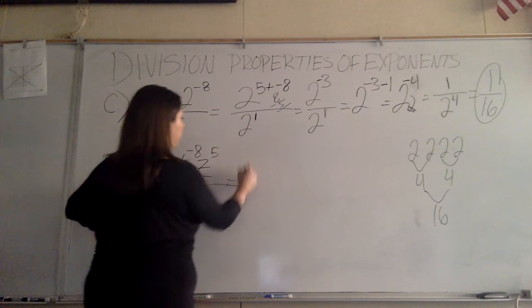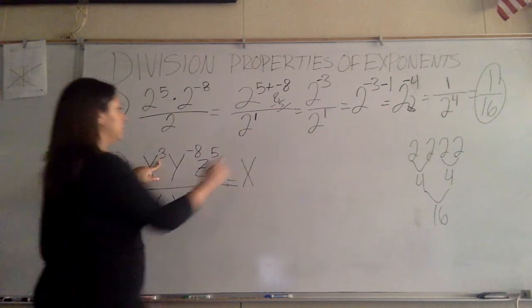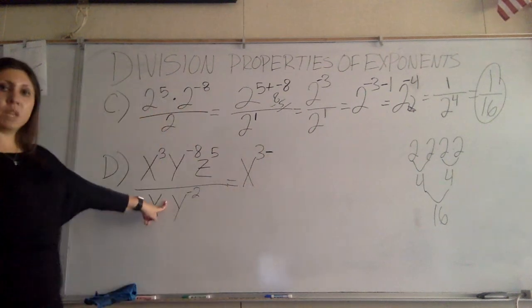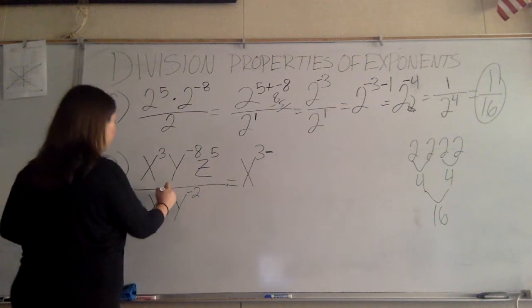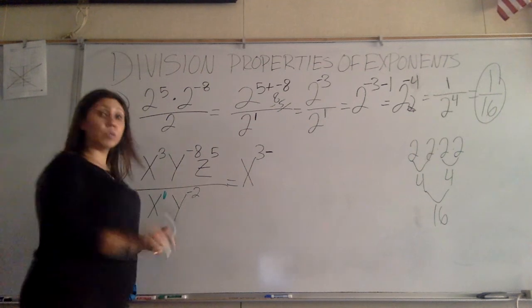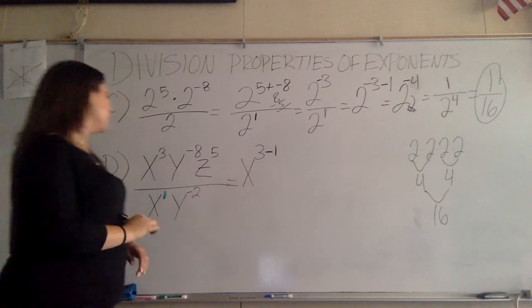So I'm going to look at my base, X. On the top, I have a 3. So 3 minus, well, minus what? I don't see anything. What were we supposed to do? Miss, we were supposed to add the 1. Don't groan at me. Do it. Add the 1. All right?